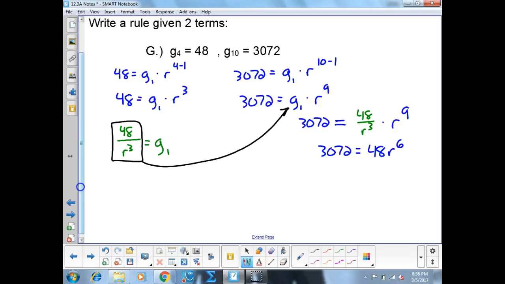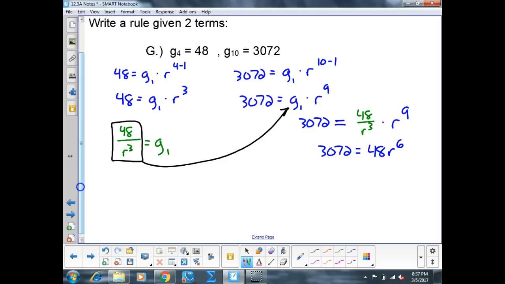Dividing both sides by 48 gives me, I want to say 64.